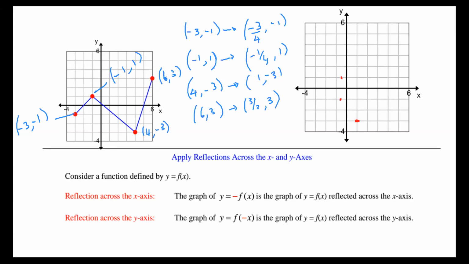So 3/2 is right here and 3 is right there. So it goes like this. Sorry, it's 3/2. So 3/2 comma 3 is here. Okay, so that's the graph.